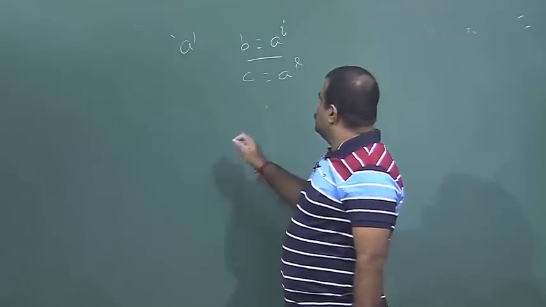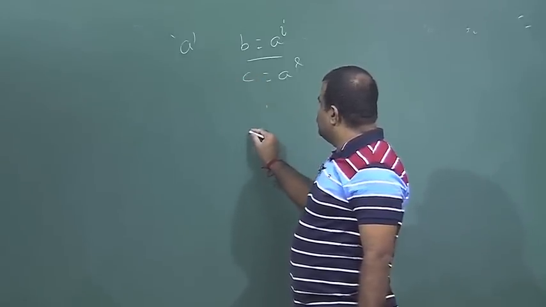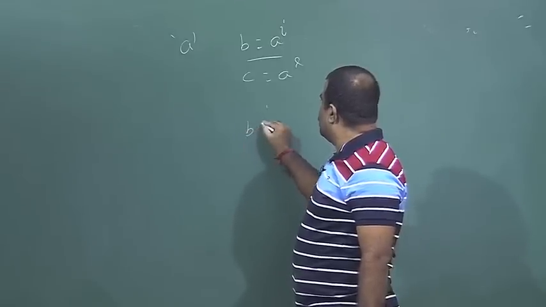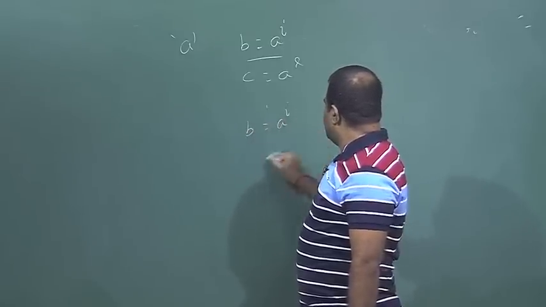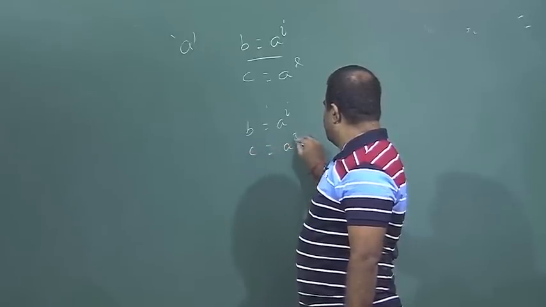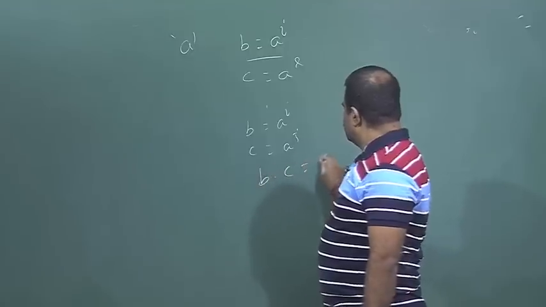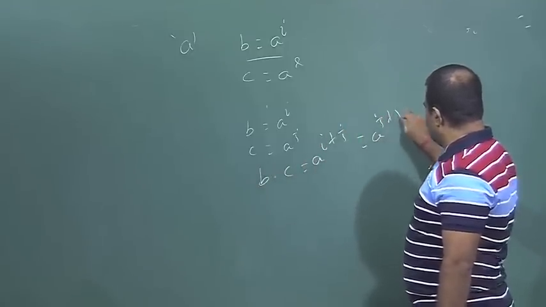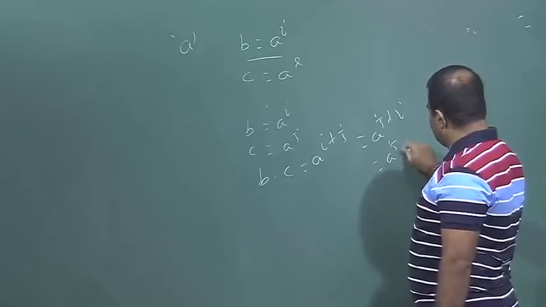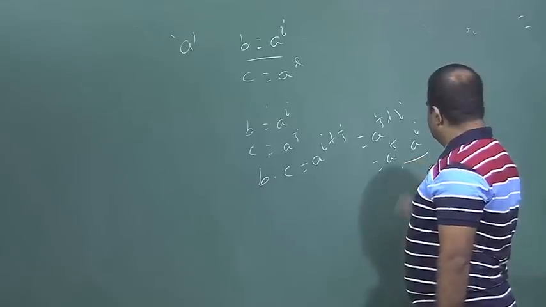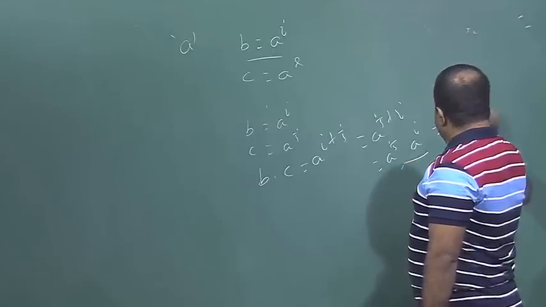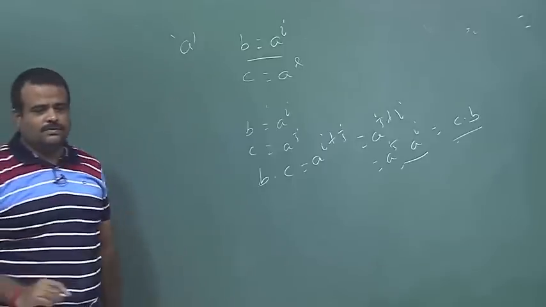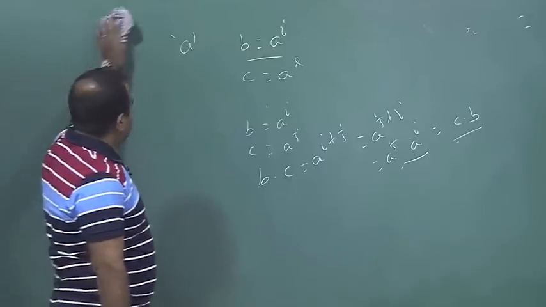And this is an abelian group, because in that case every two elements B, C are of this form: B is A to the power i, C will be A to the power j. So, B into C is A to the power i plus j, which is A to the power j plus i, which is A to the power j into A to the power i. So, this is C into B. So, it is always abelian. So, every cyclic group is always abelian.